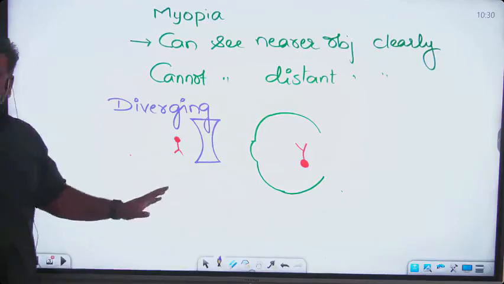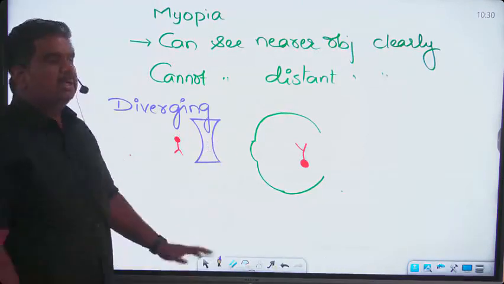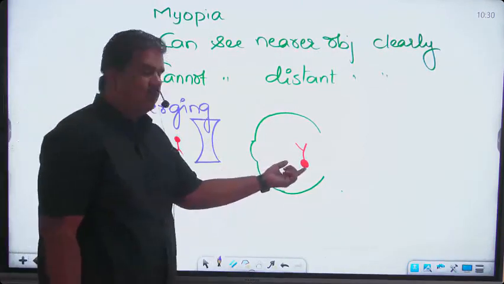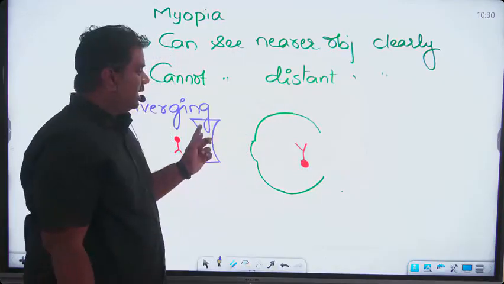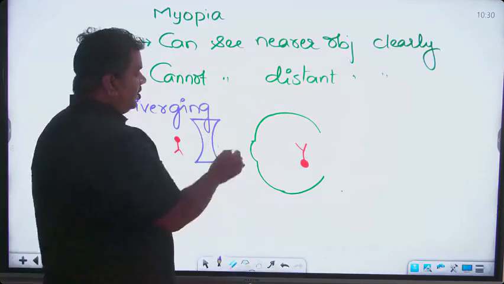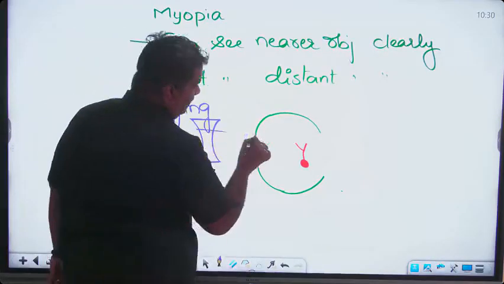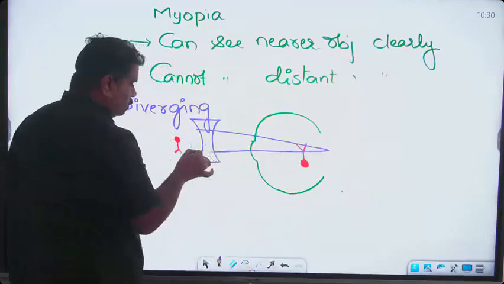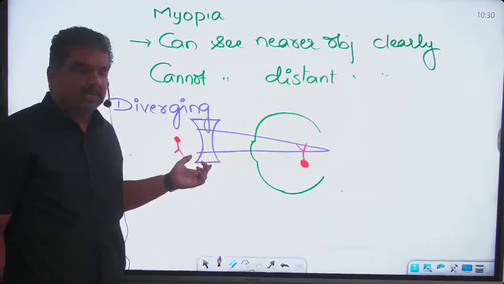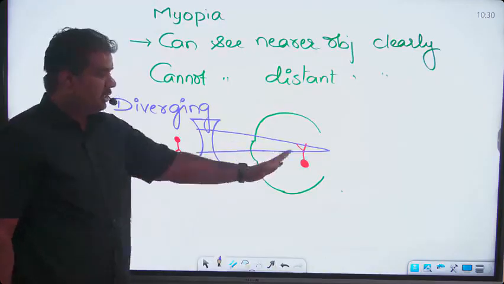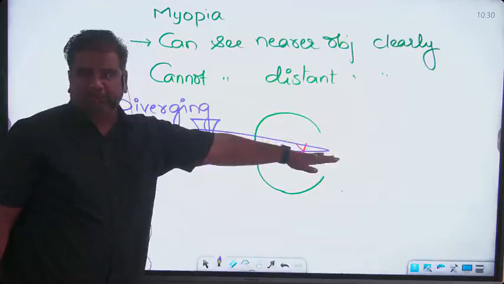What does divergent mean? It splits apart. In this case, where was the image formed? Before the retina. The moment you place a concave lens in front of the eye, the rays coming from the object form the image onto the retina. Why? Because we placed a concave lens, the image position is pushed from before the retina onto the retina.